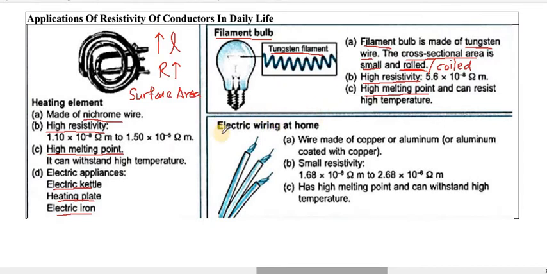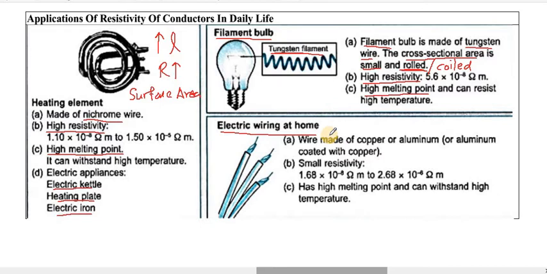Okay, next is electrical wiring at home. Just now, the two applications are applications of higher resistivity. When we want to produce heat or light, we use material with higher resistivity. But for electrical wiring, the purpose of wiring is to transfer electrical energy, right?